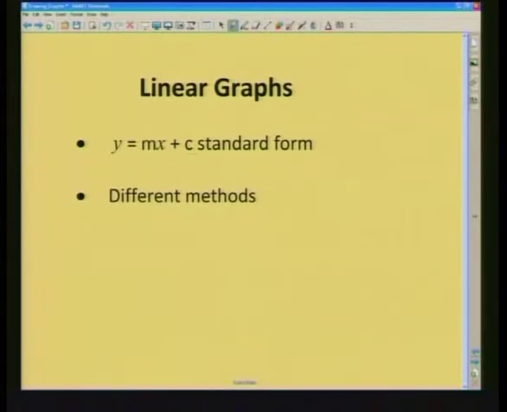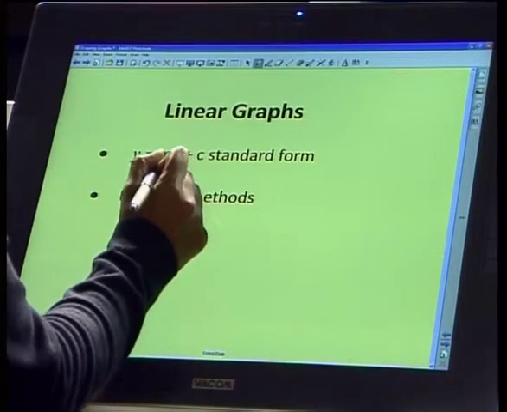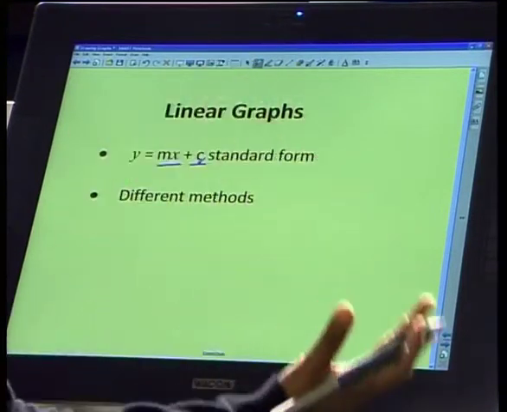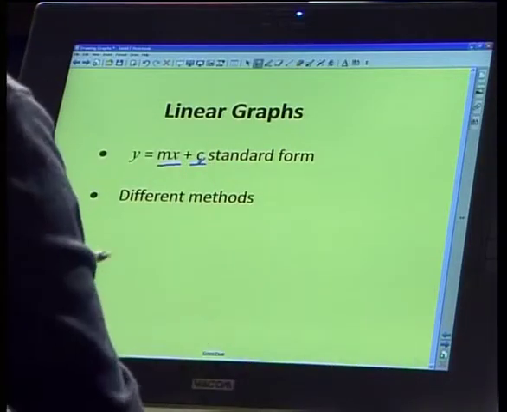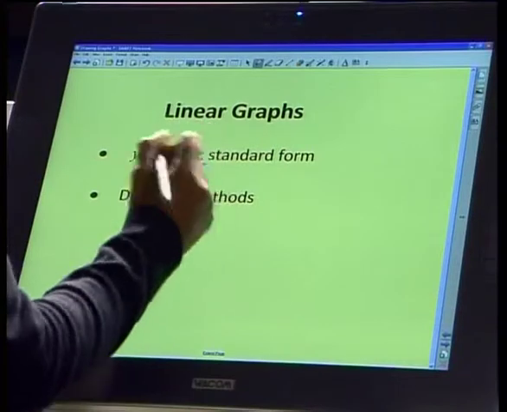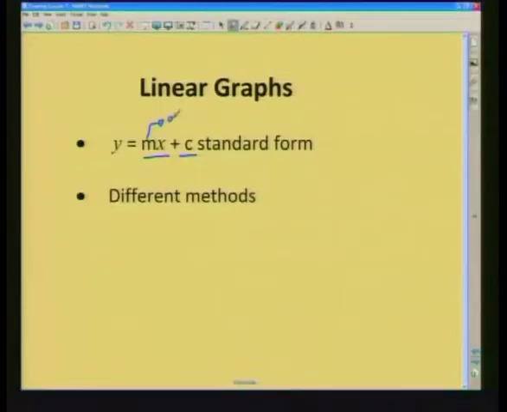Next, we're going to move on to linear graphs. Now, graphs of a linear relationship form a straight line. The standard form for any straight line equation is y = mx + c, and this is a very common equation that you will come across time and time again. Let's just identify what each of these letters stand for. M is the gradient. The gradient tells you what the slope of the graph is like.